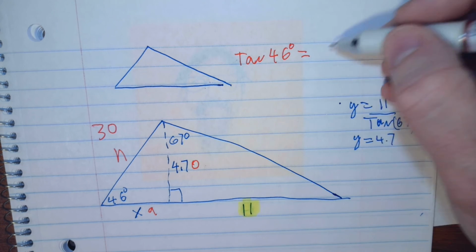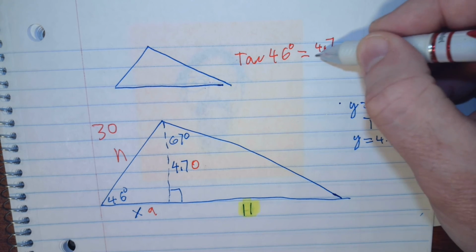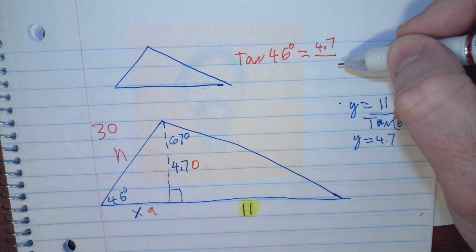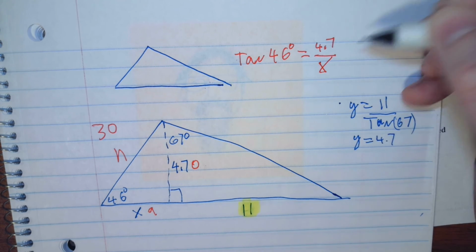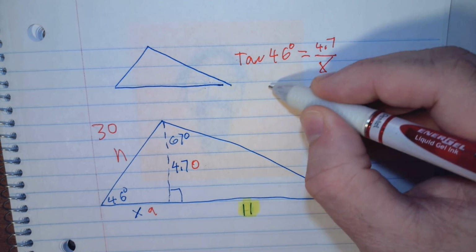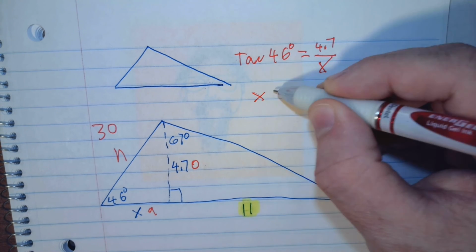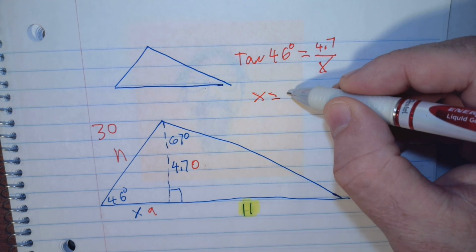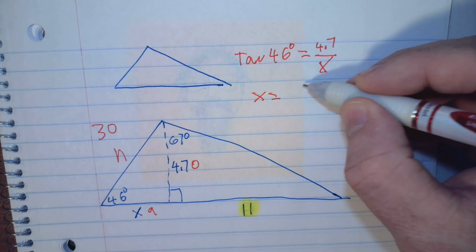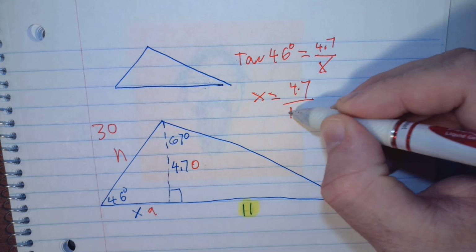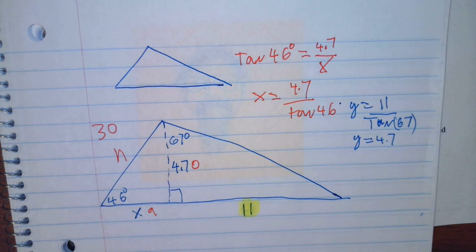Tangent 46 equals opposite over adjacent. Again, we're switching places, so we're going to put this in the calculator: 4.7 over tangent 46.